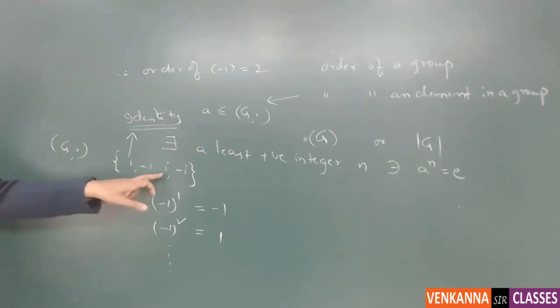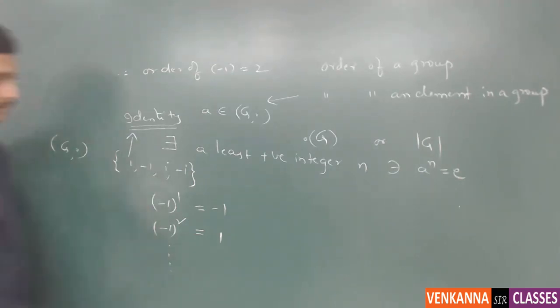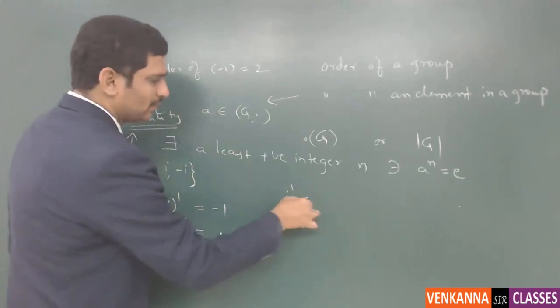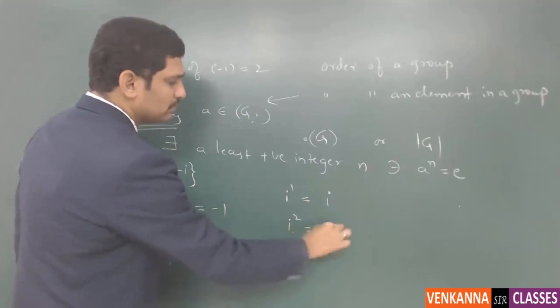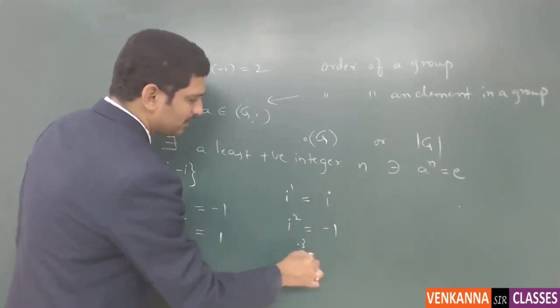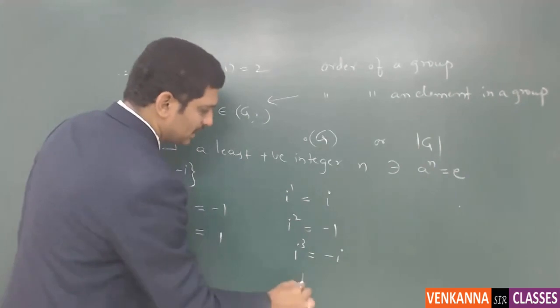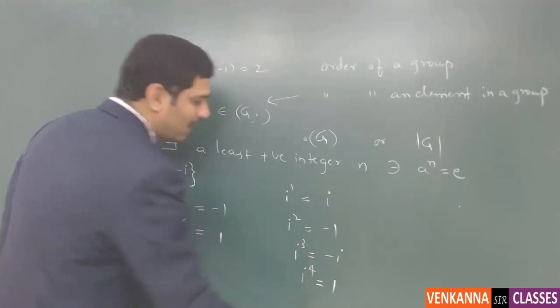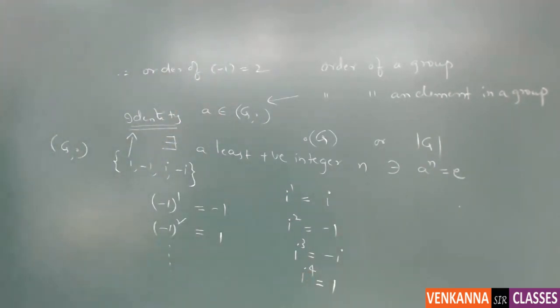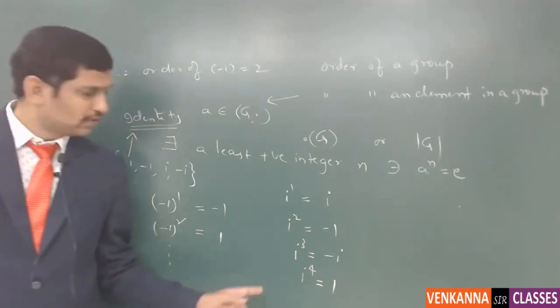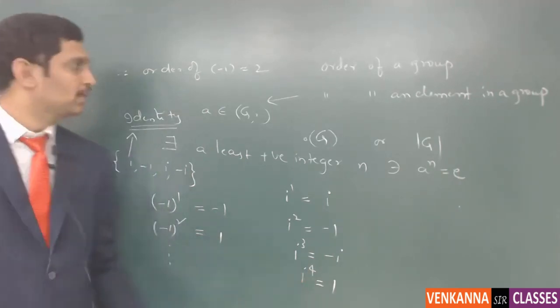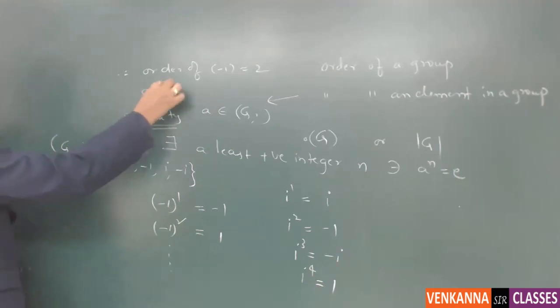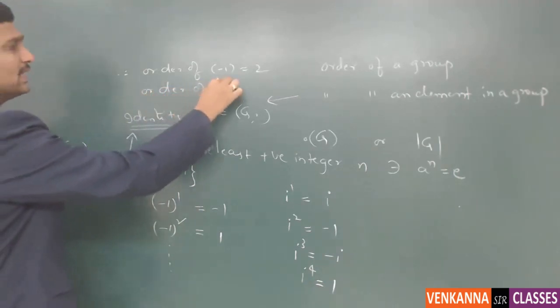Now, you take the other value i. So you have i power 1 is i, i power 2 is minus 1, i power 3 is minus i, i power 4 is 1. Agree? If you observe, for the power 4 you get the identity element. So order of i is nothing but 4.